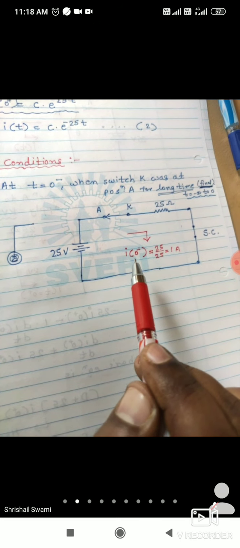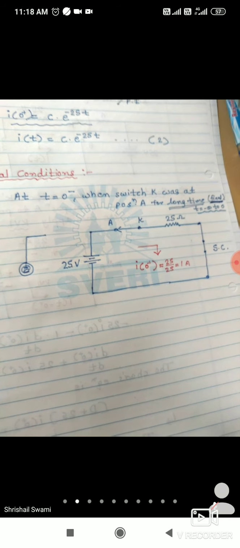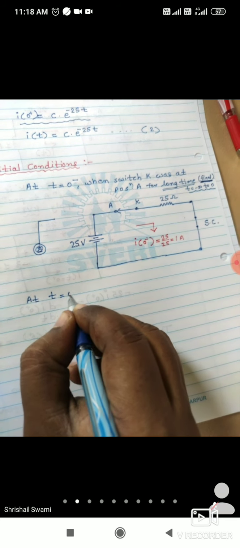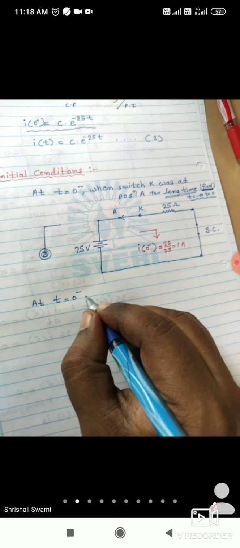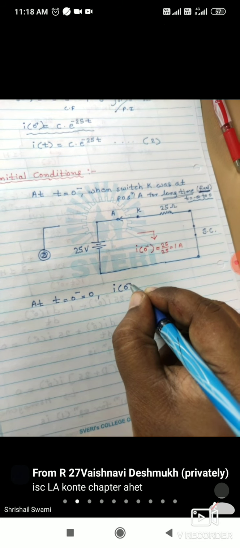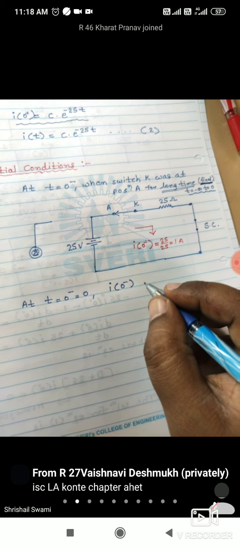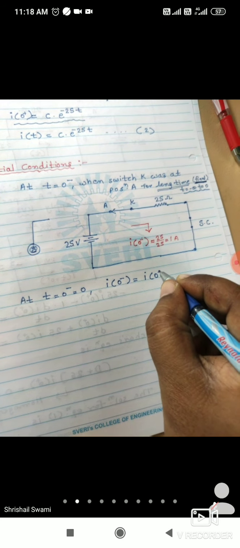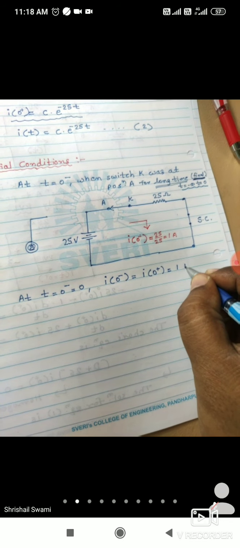So I of 0 minus is equal to 1 ampere. Therefore at t equal to 0 minus, the current I of 0 minus is equal to I of 0 plus, same as 1 ampere.